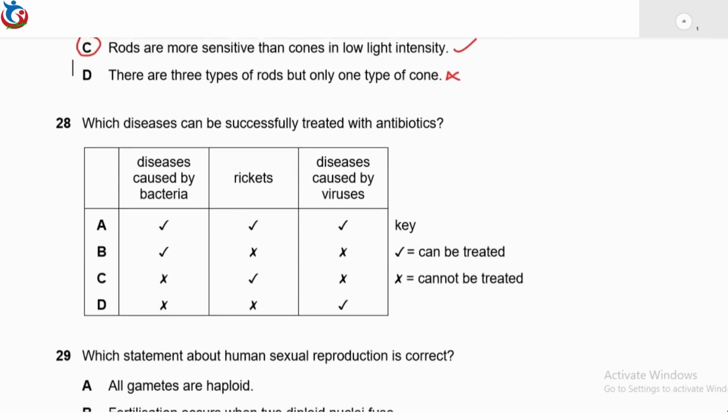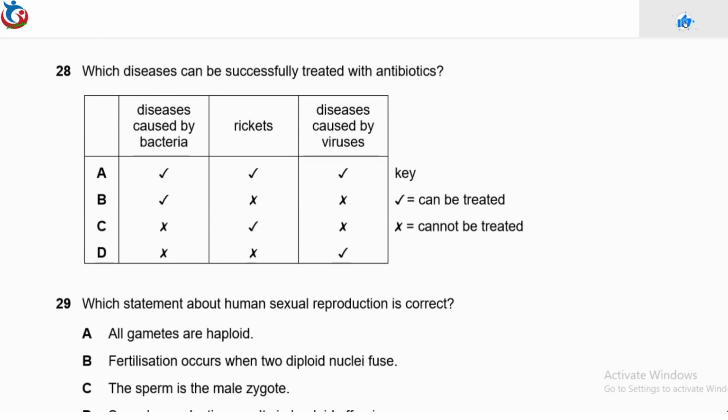Then question 28 says, which disease can be successfully treated with antibiotics? Remember, antibiotics are used for the treatment of diseases caused by bacteria. So if you look at this, yes, it will be used in the treatment of this disease caused by bacteria, but not rickets.